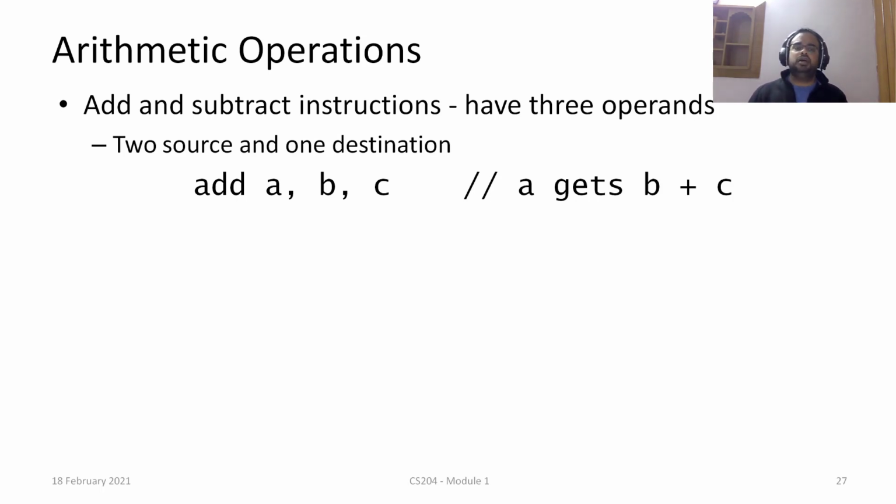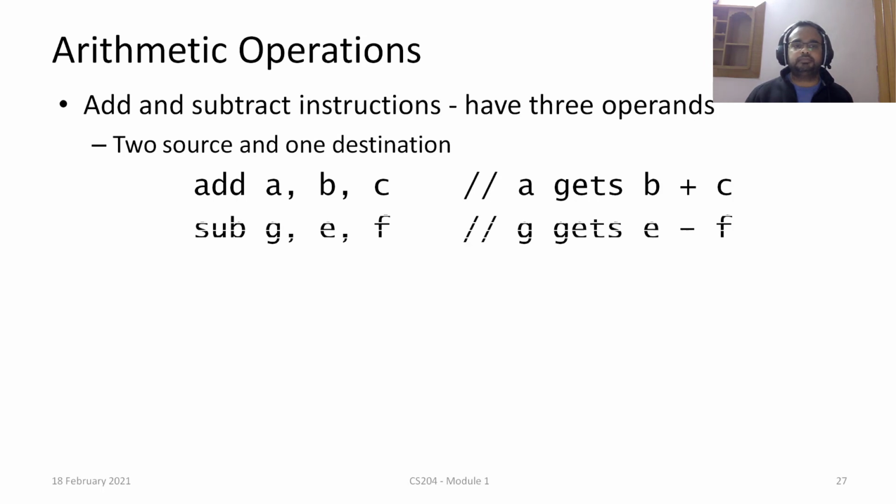So what this instruction does is it adds the content of b and content of c and writes the result to a. Similarly, subtract also has a similar format. It has one destination operand G here, and E and F are source operands in that order. So the value E minus F will be written to G.